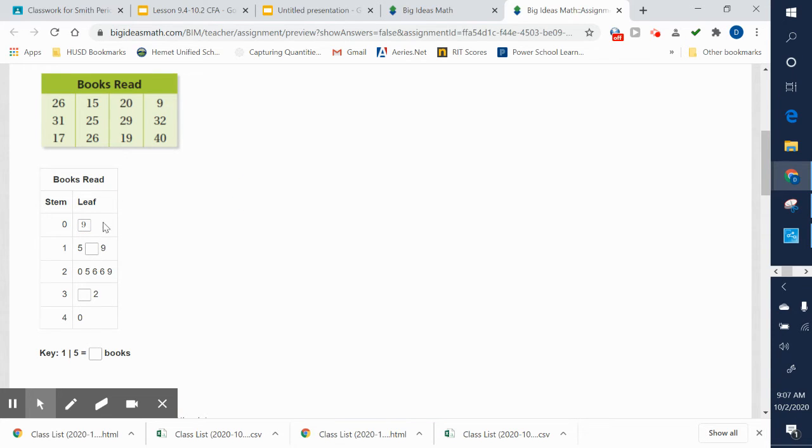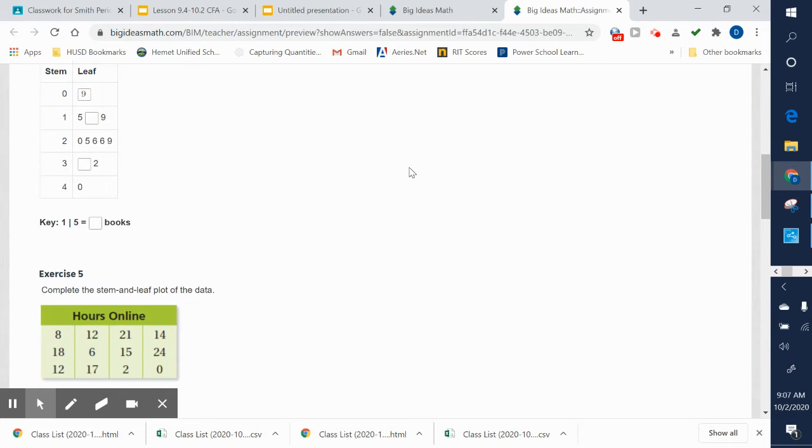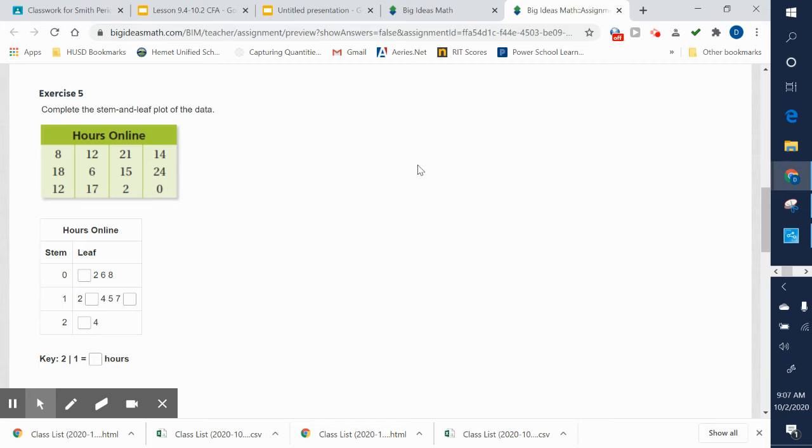Then I'm looking for the numbers that are in the teens or that begin with 1. I see a 15, a 17, and a 19. I see they gave me the 1/5 for 15 and the 1/9 for 19, so I need to put in the missing one, and that's how I'll proceed with the rest of the problems.